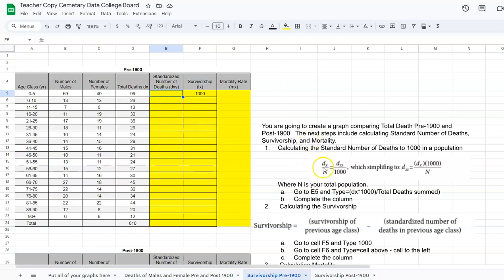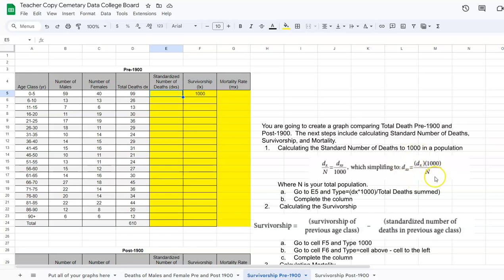So if you come over here, what we're saying is, if I have, let's say, DX, so that's over here, 99 deaths to 610, how many deaths would that be per 1,000?